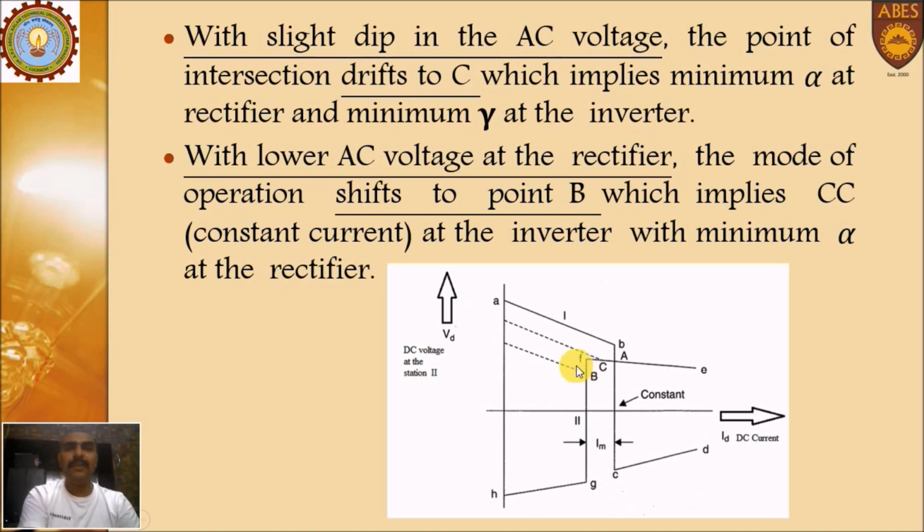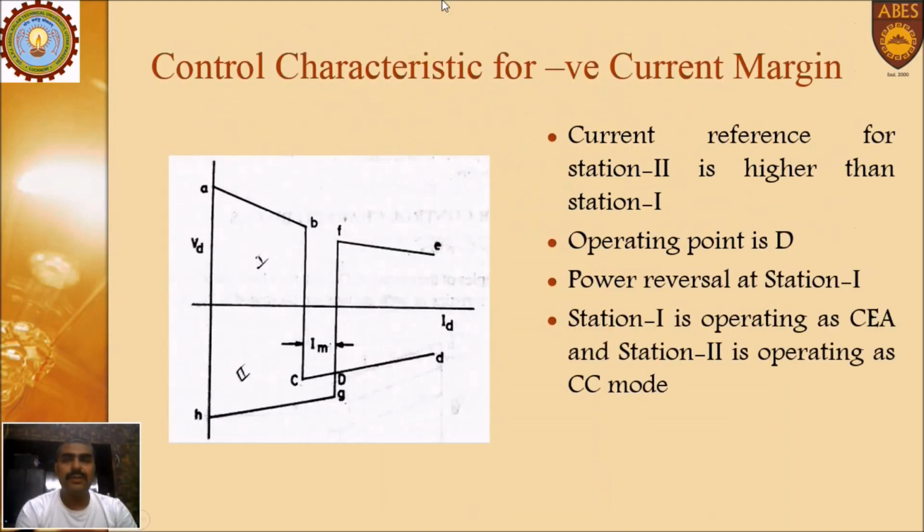But if there is a further dip in AC voltage, and this line shifts towards this line, then the intersection point will shift from point C to point B. It means the constant current shifts to station 2, the constant current at inverter with minimum alpha at rectifier. This is for the positive direction of flow, means power is flowing from station 1 to station 2.